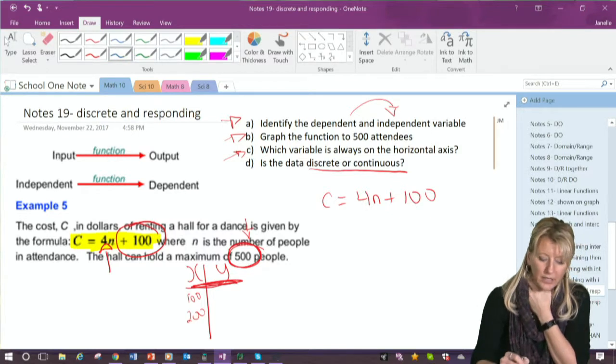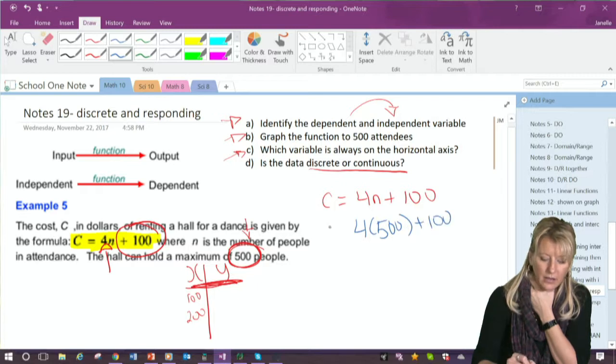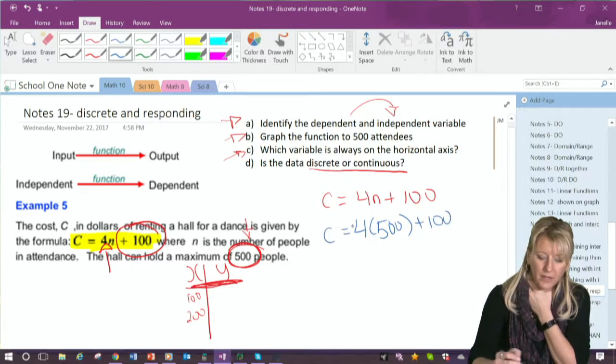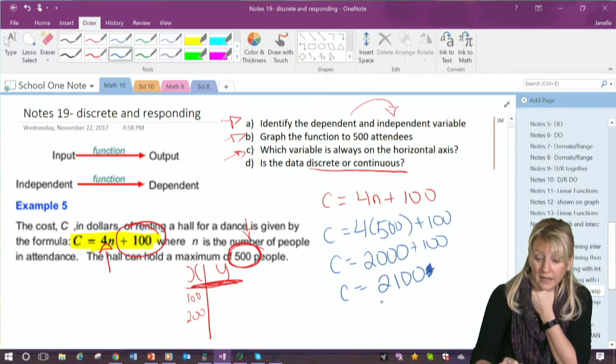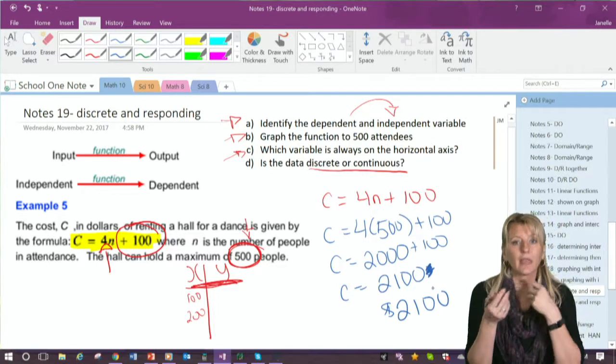People is n, so it's going to be 4 times 500, plus 100. So I get 2,000 plus 100. That is how much money I would make if 500 people came along.